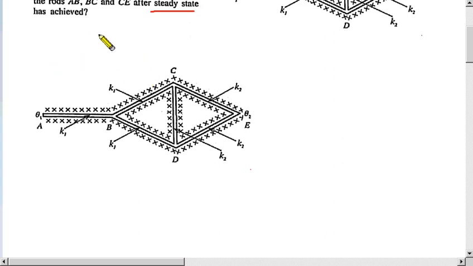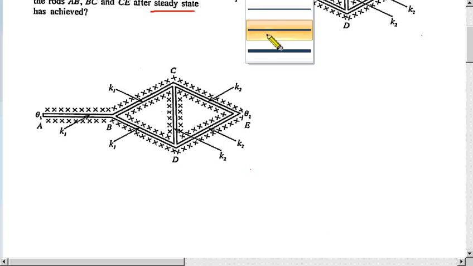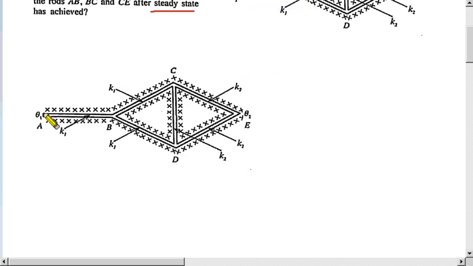So they say that these rods are made of the same material, that means the thermal conductivity is K1 here, K1 and K1, these three are made of the same material.